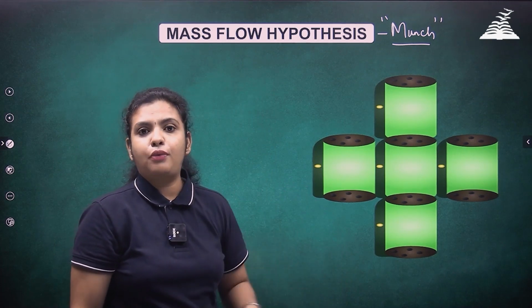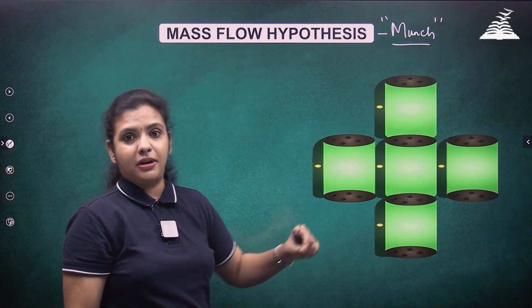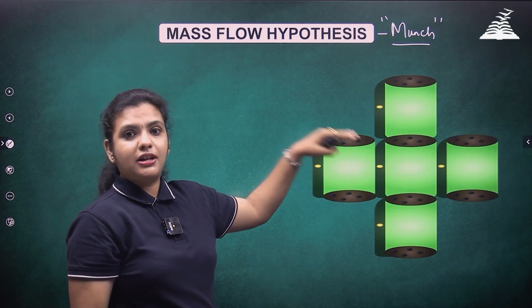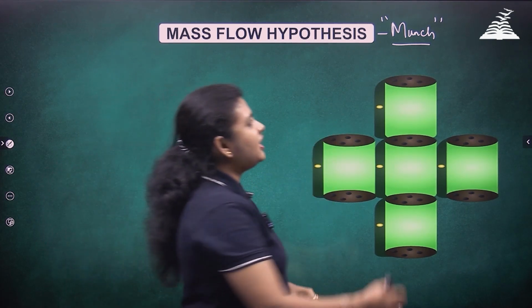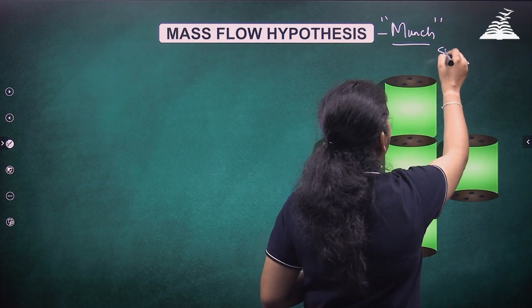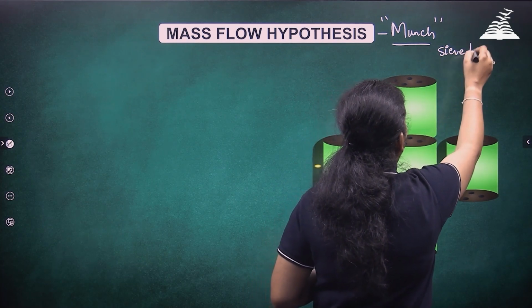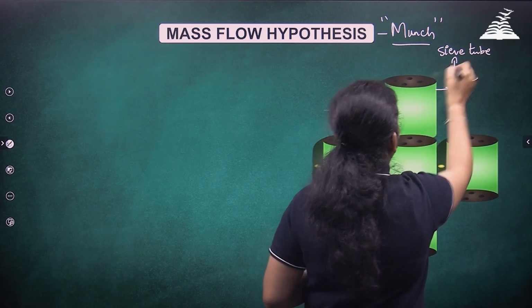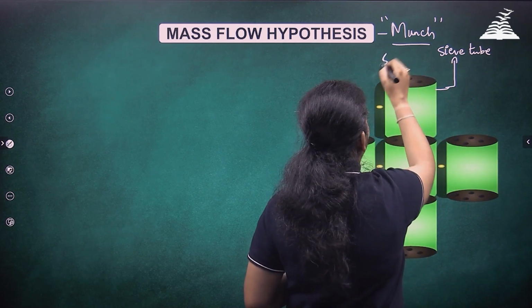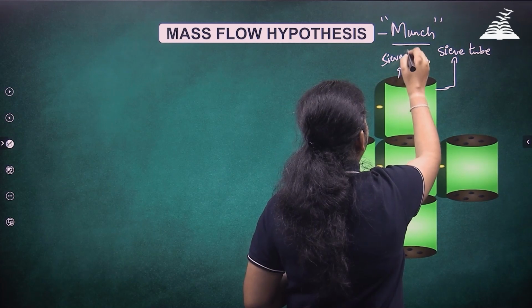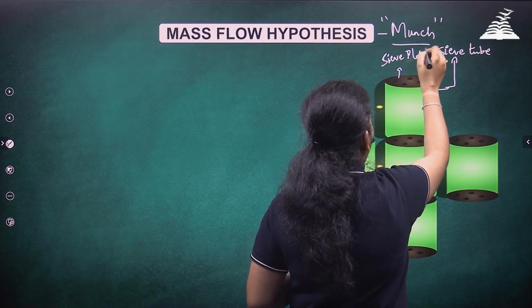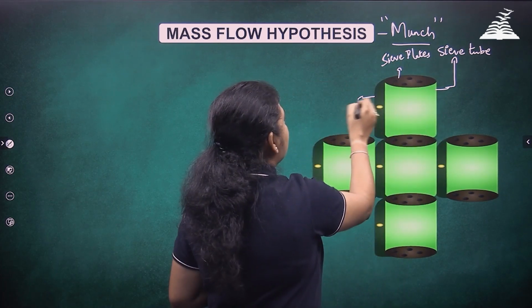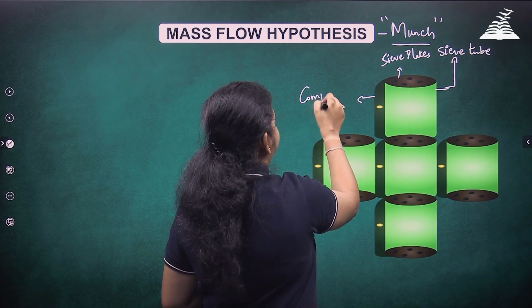The two important parts of the plant involved in the mass flow hypothesis are the sieve tube and the companion cell. So this is your sieve tube. Sieve tubes have sieve plates which have pores, and this is your companion cell.